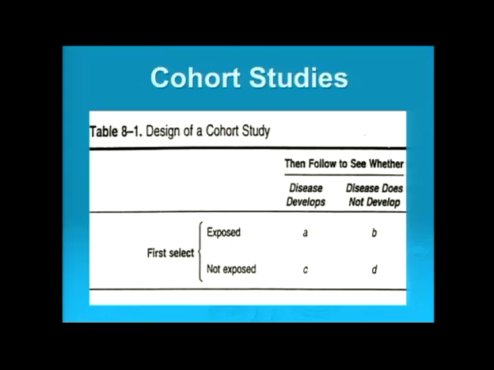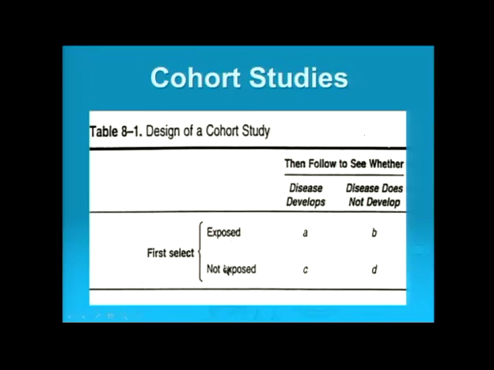Just a little clarification here. You will sometimes hear people, not usually an epidemiologist, call this exposed group your cases and these your controls. Or they'll call this group exposed and this group the control group. I would encourage you to save the word control for a case control study.